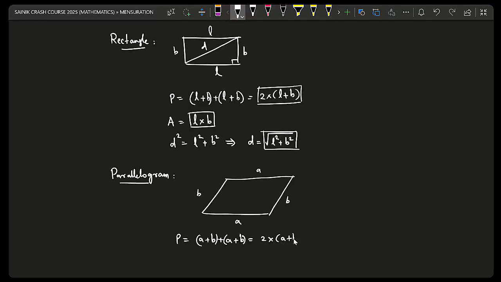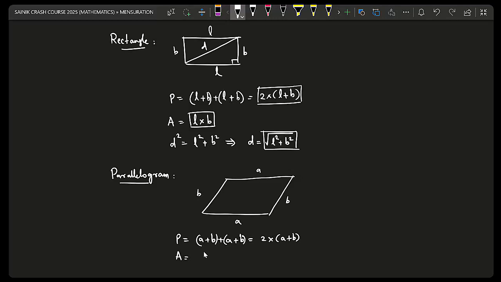So it is the same as the rectangle perimeter, but there we call them length and breadth. Here we don't call length and breadth, we only call side A, side B. Next, area. Area of a parallelogram is base multiplied by height. You can take any side as the base.